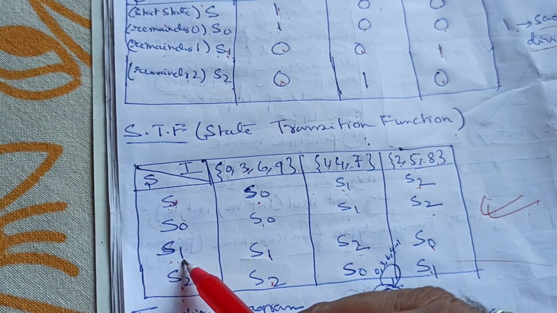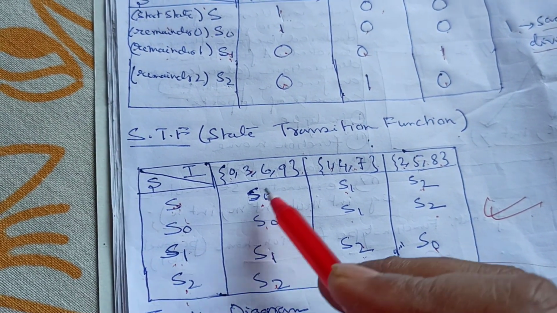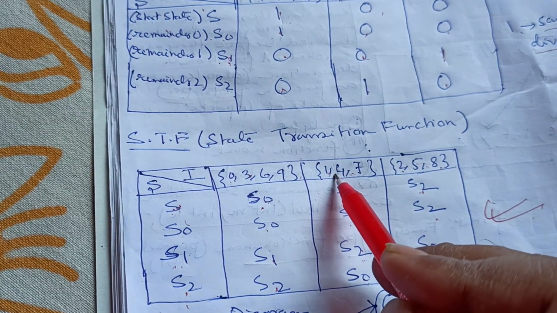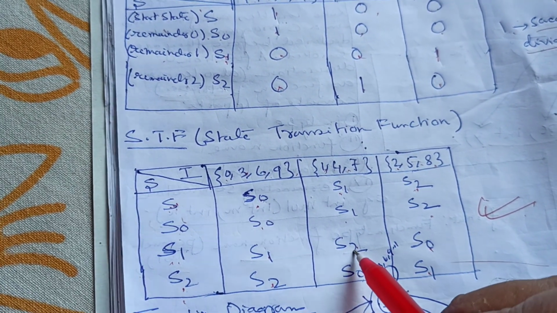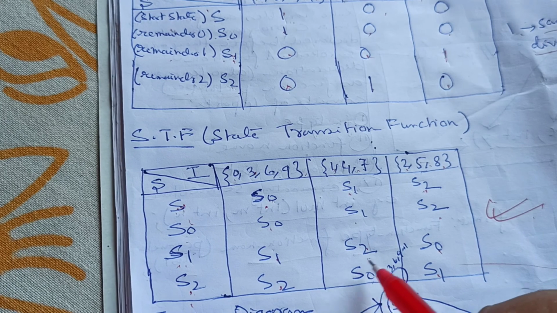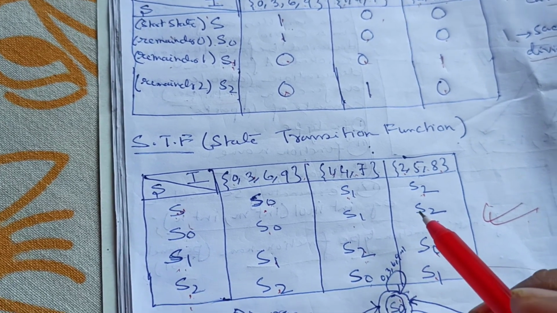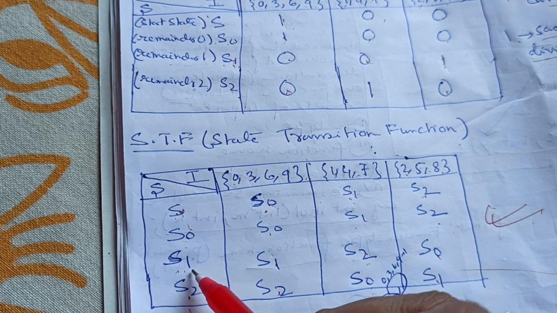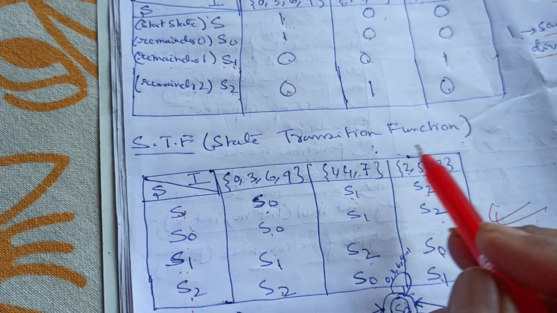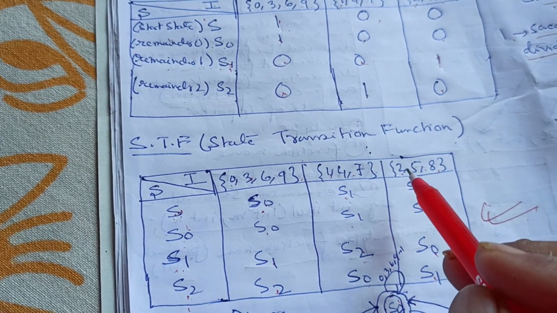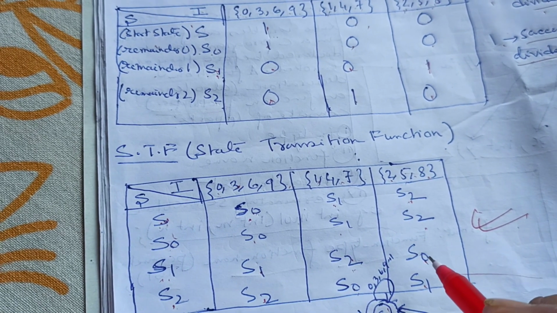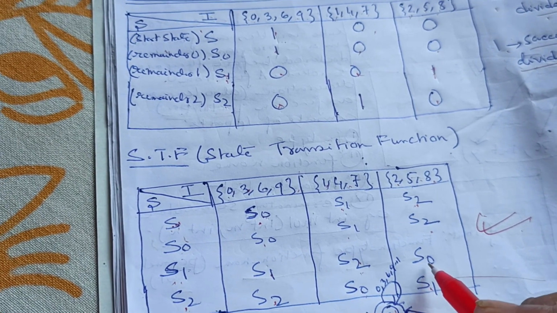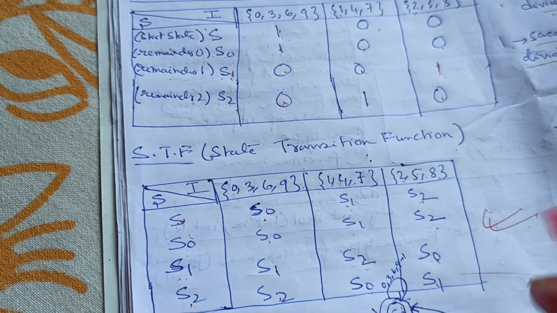Now the previous remainder is 1, so 4 plus 1 is 5, and if you divide 5 by 3, you will get remainder as 2, so it should go to S2 state. Now it is 5 and the previous remainder is 1, so 5 plus 1 is 6. Now if you divide 6 by 3, you will get 0 as remainder, so it should go to S0 state.